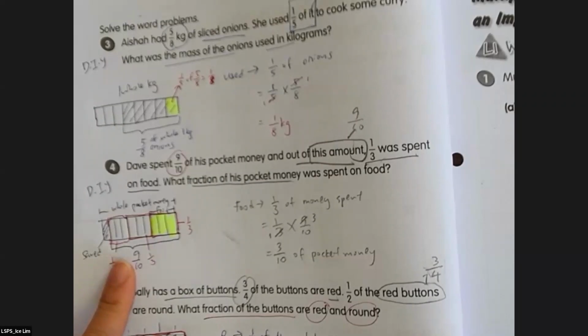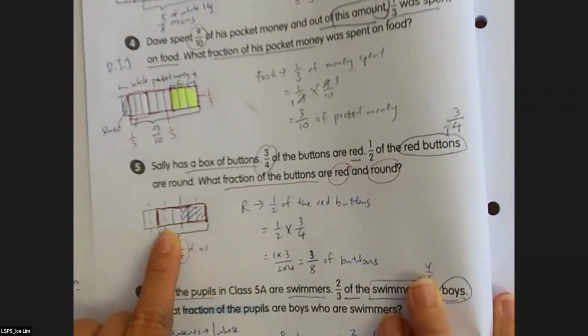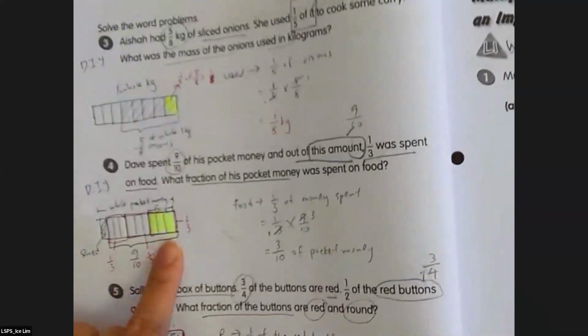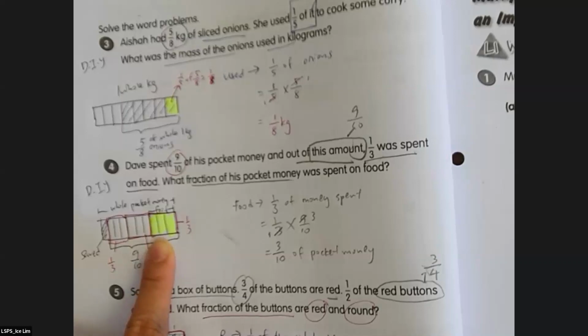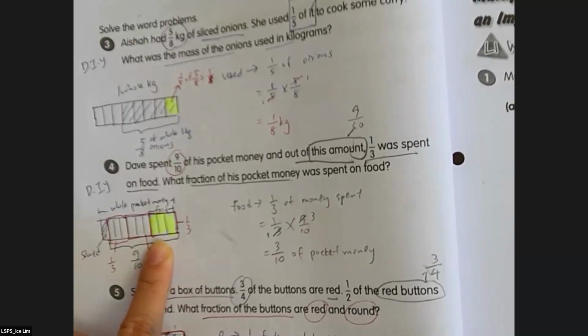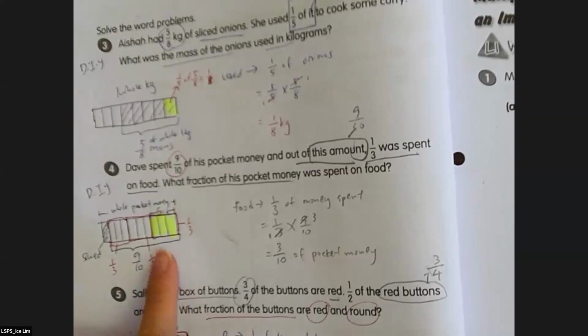I regroup it. Earlier on, I'm cutting things up into smaller parts, even smaller parts. Now I'm actually grouping them to make thirds. Is this okay? Can you understand or not? So there are 9 units.